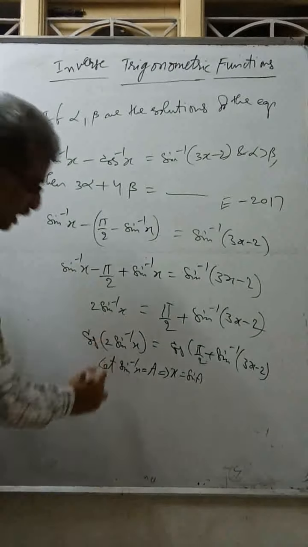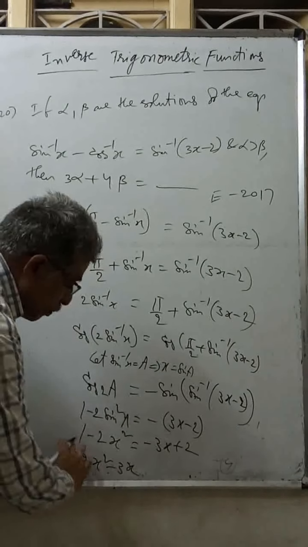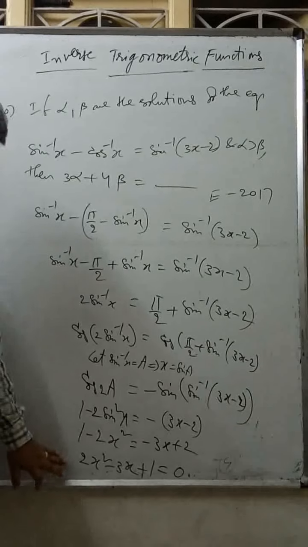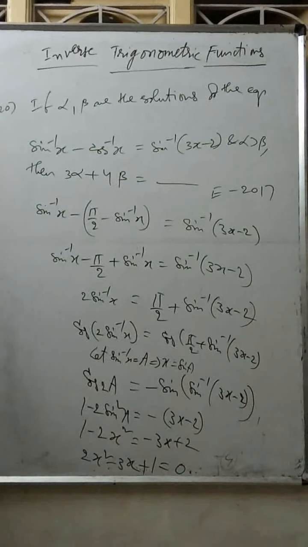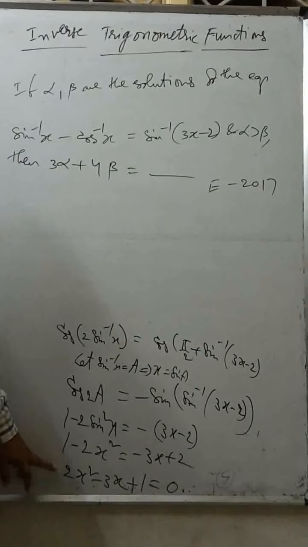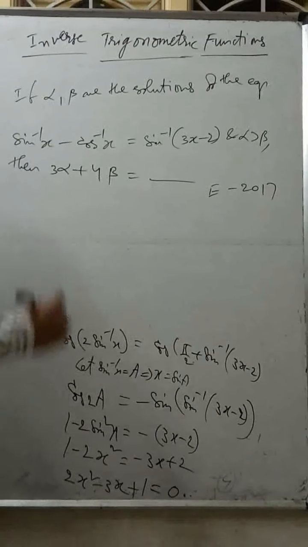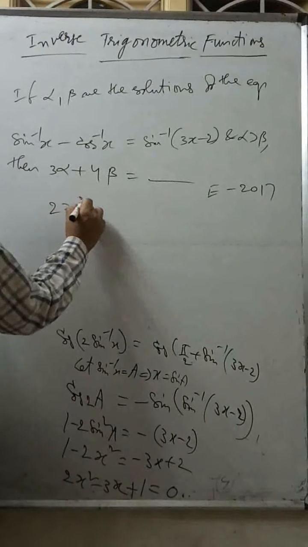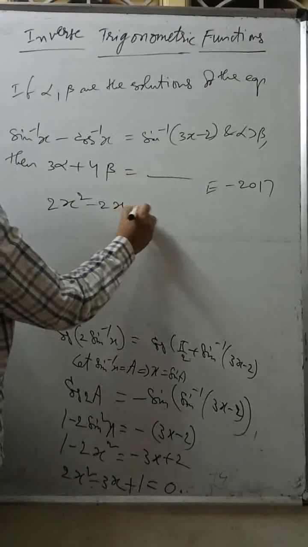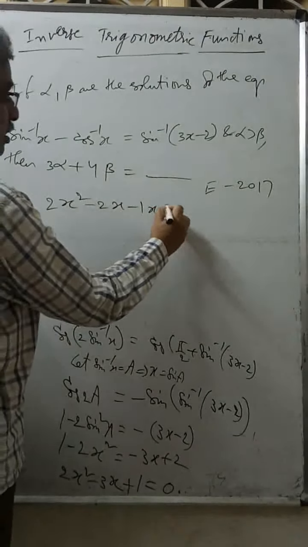Now bringing all to one side, this becomes 2x square minus 3x plus 2 minus 1 equal to 0, that is 2x square minus 3x plus 1 equal to 0. Now I can factorize this and find the two roots, to find 3 alpha plus 4 beta. Splitting the middle term, I can write 2x square minus 2x minus x plus 1 equal to 0.